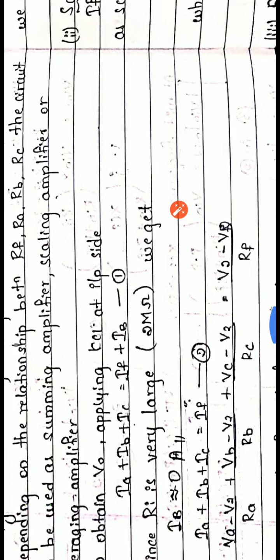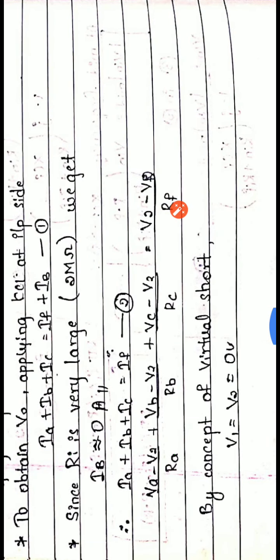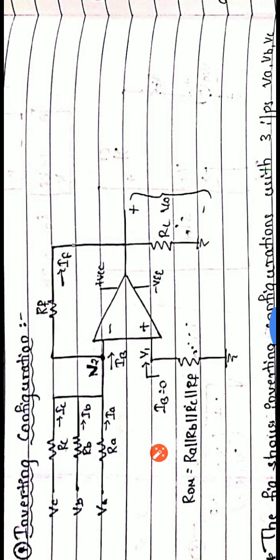Now what is the value of IA in terms of voltage? As we know, IA is nothing but the potential difference between VA and V2 divided by RA. With respect to that we will get IB and IC and IF also.